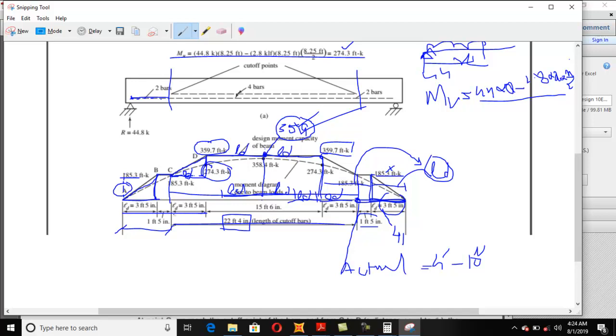Putting this x is equal to 8.25. So 3 foot 5 inch plus 1 foot 5 inch plus 3 foot 5 inch, it will give you 8.25 feet. So at this distance you will calculate the MU, which will be equals to 274.3. Clear?